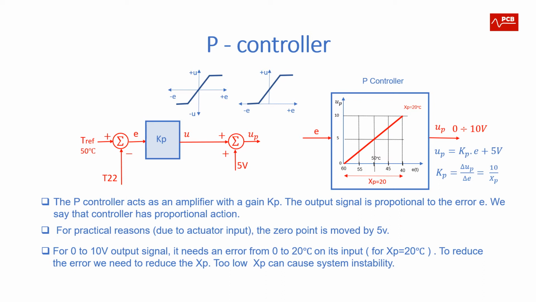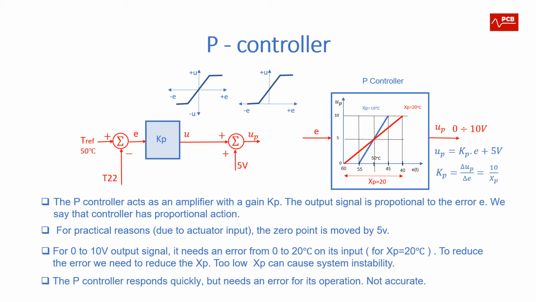In our case, when the proportional band is 20 degrees, we need an error of 0 to 20 degrees. And we can reduce the error by reducing the proportional band. But we must be careful, because with a too low proportional band, the system can become unstable.